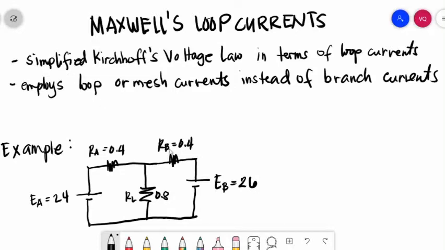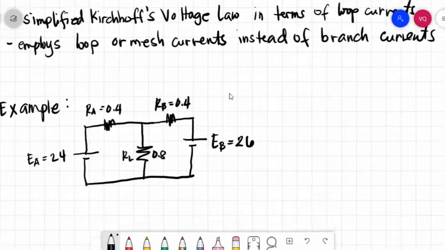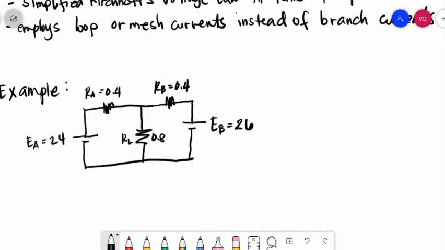So here we have an example. This example is one of our examples in Kirchhoff's laws. So we will use Maxwell's loop current to solve the branch currents of this circuit.